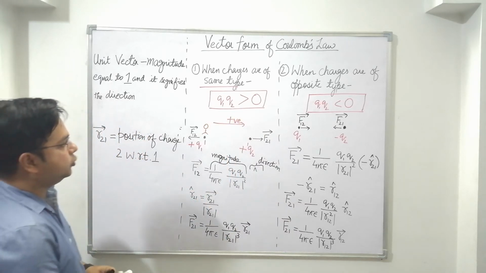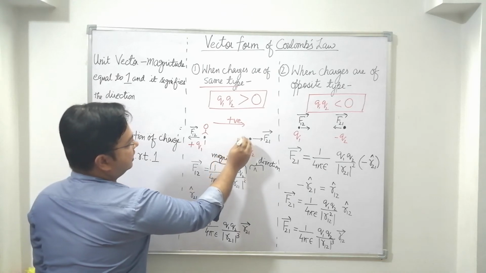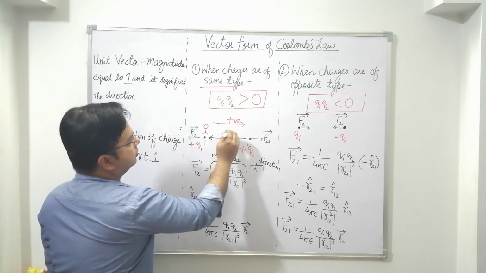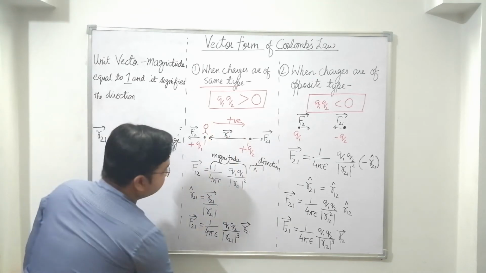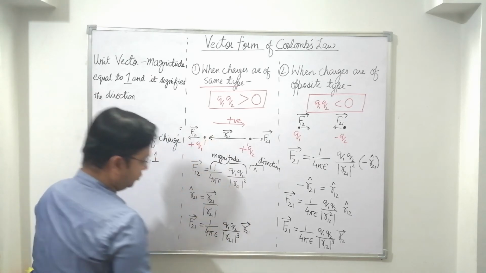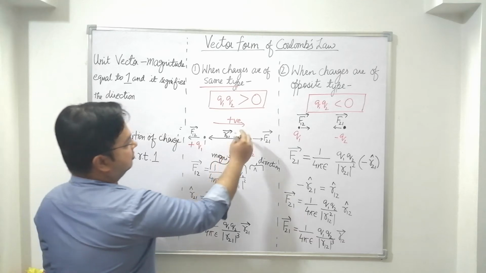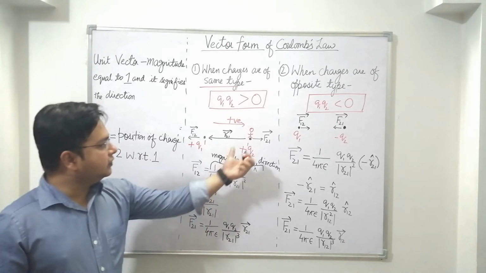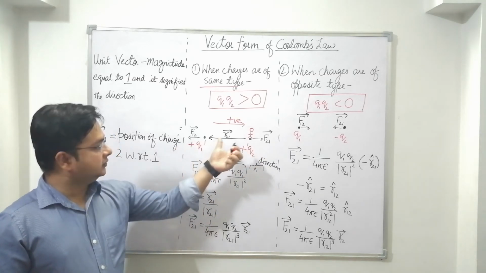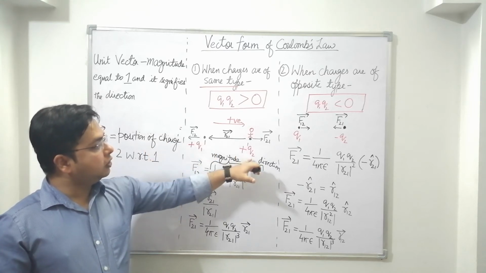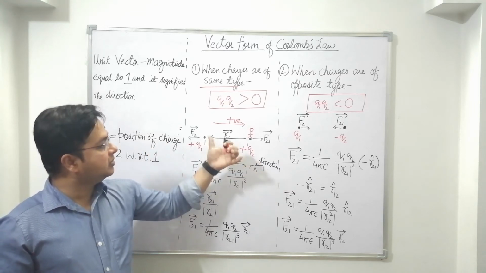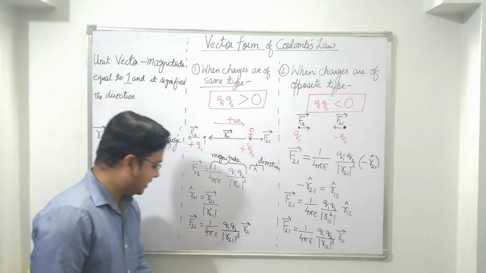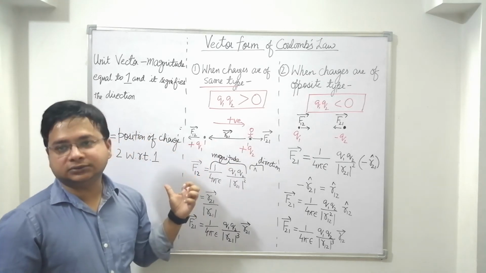So अगर हमें R12 का direction mark करना होगा, which will be in this direction. This will be the direction of vector R12. अब इसको कैसे find करेंगे? Now, I told you the way to find this. Assume that you are placed on top of the second charge. In which direction will you find Q1 moving? The direction in which Q1 will move because of the force acting due to Q2 will be towards left. Alright? तो ये direction towards right अगर हमने positive लिया है तो towards left क्या होगा? Negative.